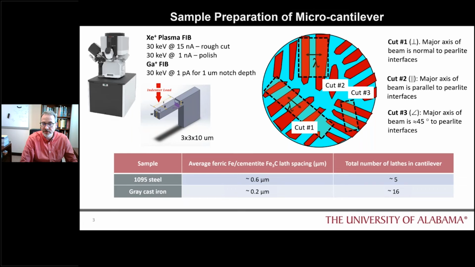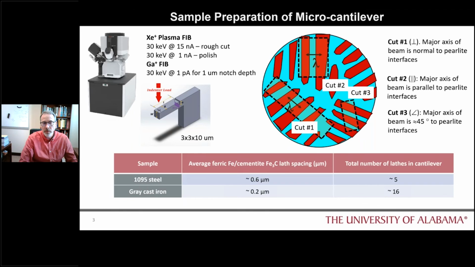Now, if we compare this to our gray cast iron, here you can clearly see we have a lot more laths that have formed because of the smaller spacing, because of the higher carbon content in our sample based on the volume fraction. And one of the advantages, again, of doing micromechanical testing is that we're able to go to a single grain that's quite large, mill out our sample, as you can see here, and then test it without any additional grain boundaries, just looking at the lath interfaces.